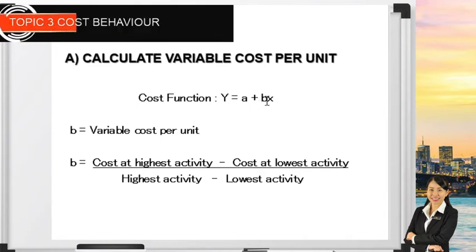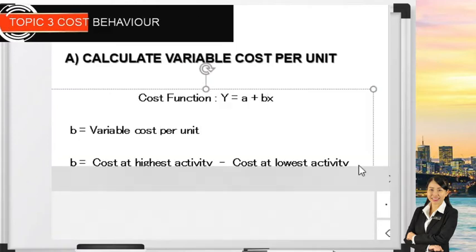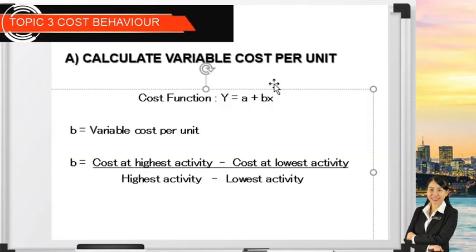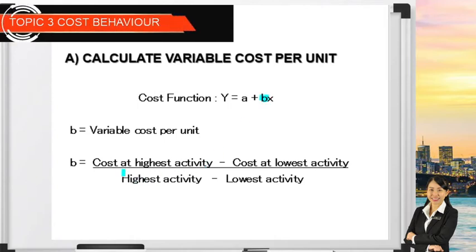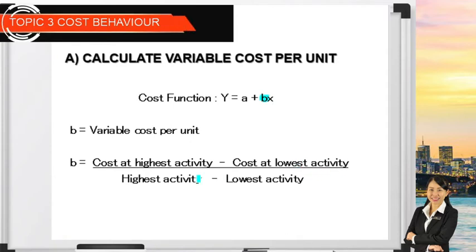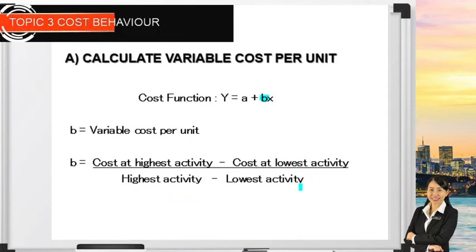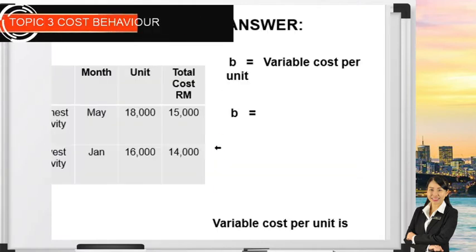Variable cost per unit, our b, is based on the formula: cost at higher activity minus cost at lower activity, divided by highest activity minus lowest activity. Just now we already highlighted all this activity. We just need to put it into our formula. Let's do it together.